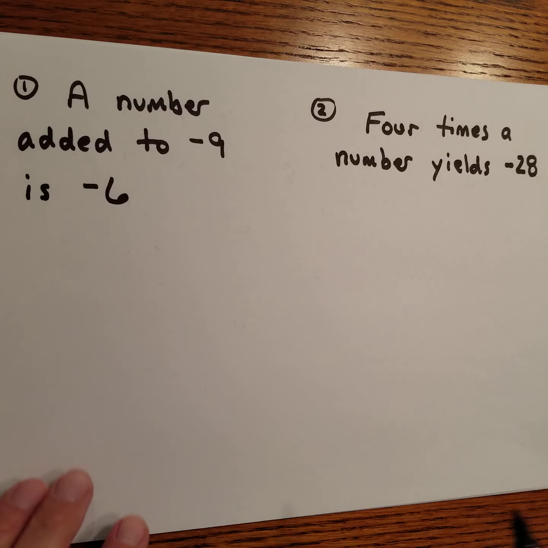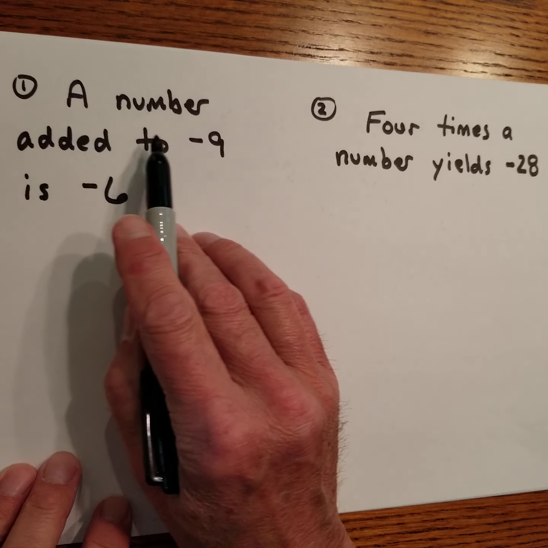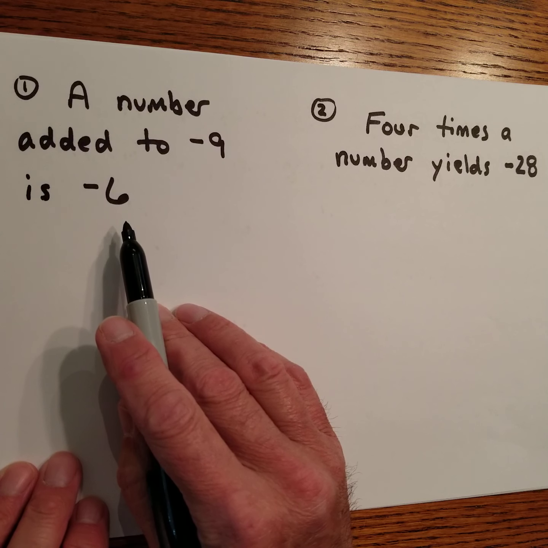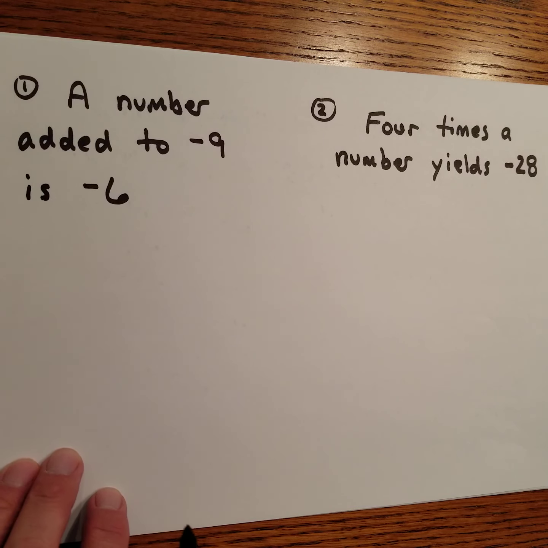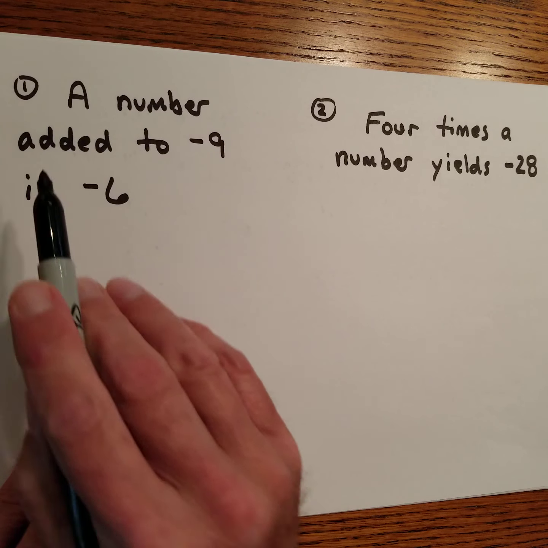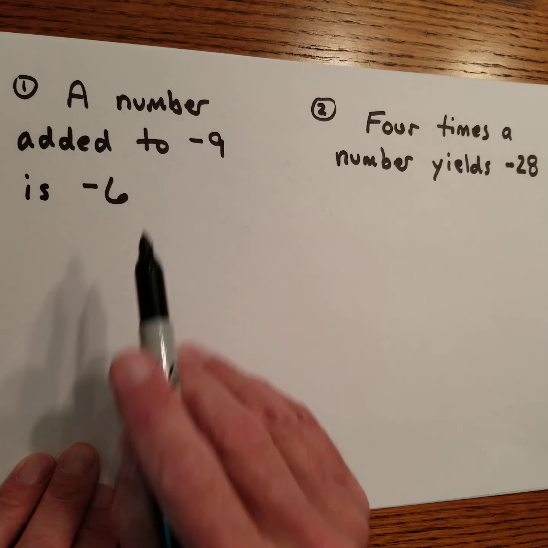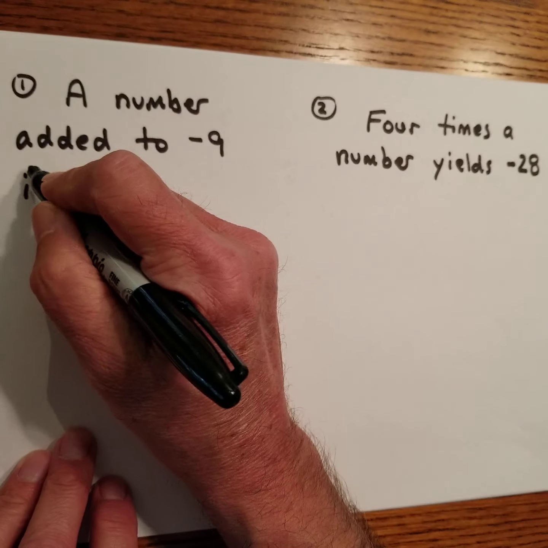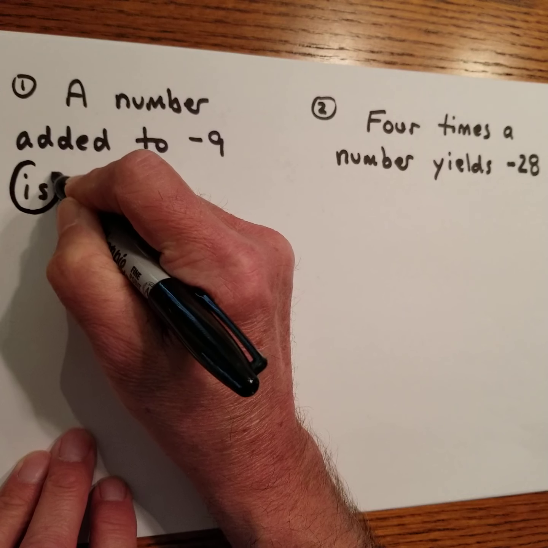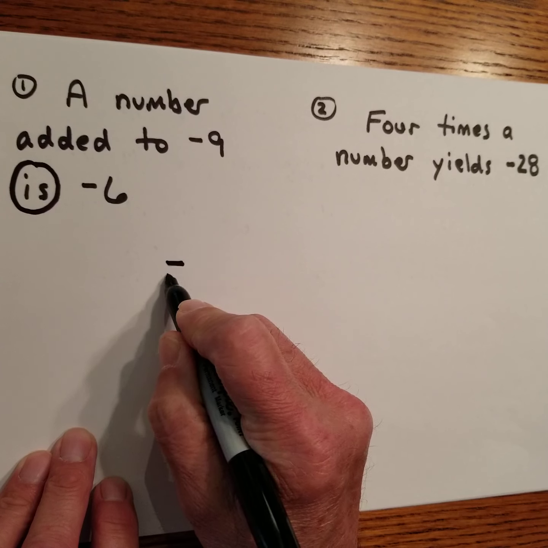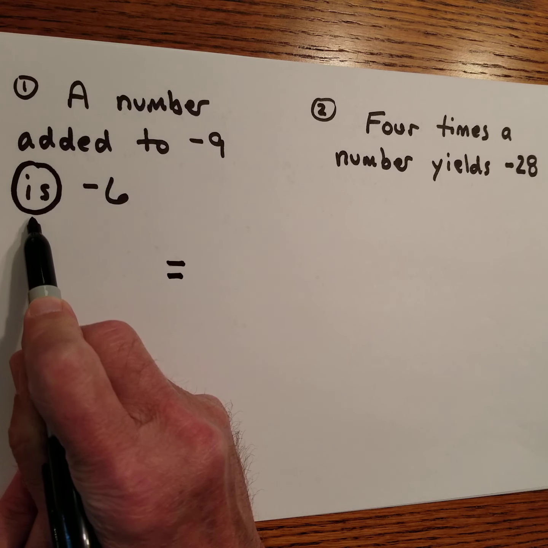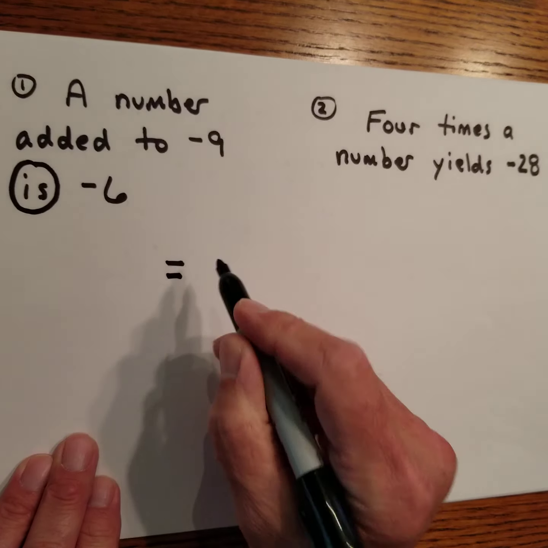In English, we read number 1 this way. A number added to -9 is -6. But in math terms, we look at this differently. We skim through the sentence looking for the equal sign. What word in number 1 is the equal sign? We know that "is" means equals. Now, what's the only thing that comes after the word "is"? -6.